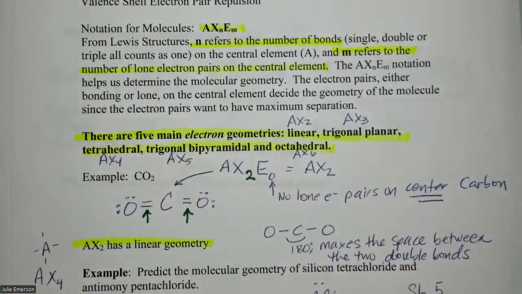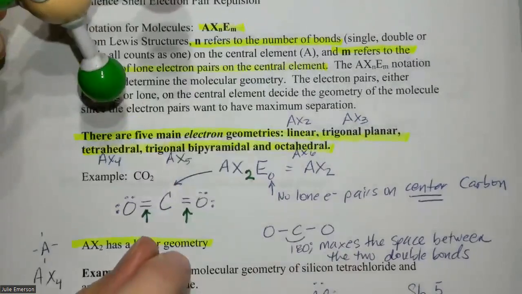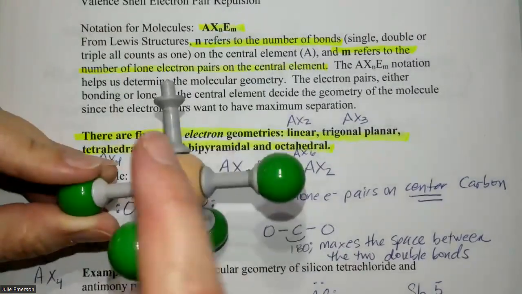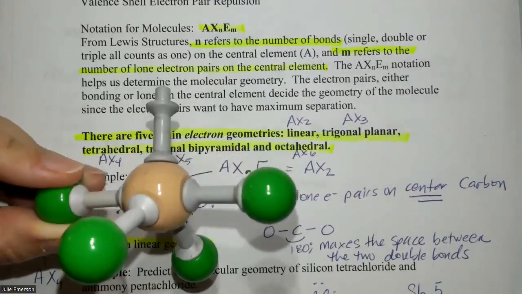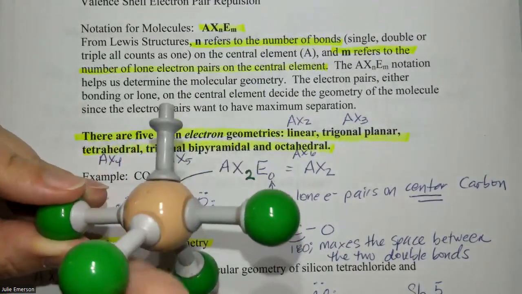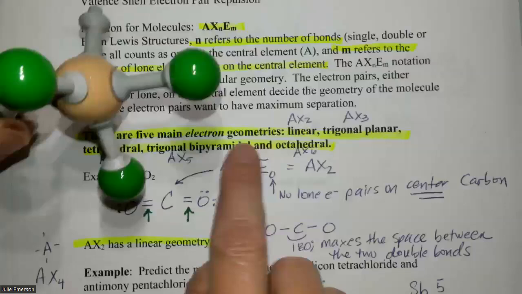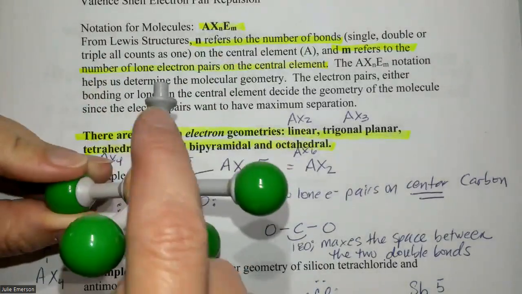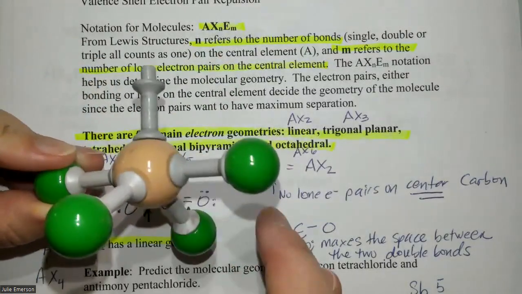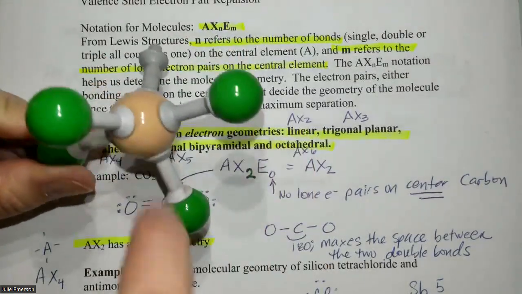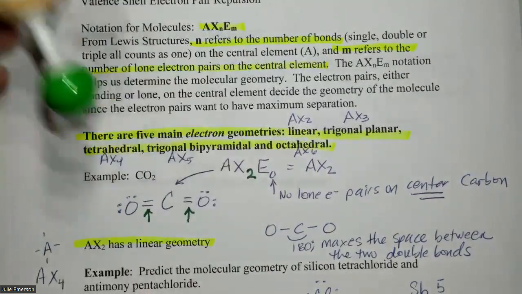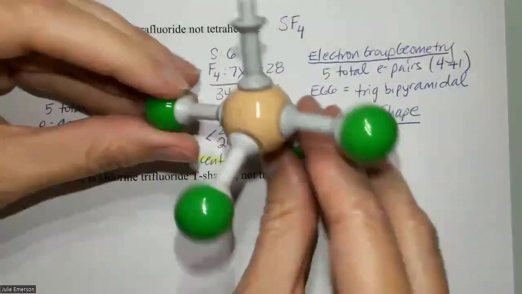So what's the difference? The electron group geometry, the egg, is how all those electron groups are oriented in space, like what are those bond angles between all of those groups? So the electron group geometry is just the total number of electron groups that you see. All right, so that is where you have 5 total groups. It's trigonal bipyramidal.